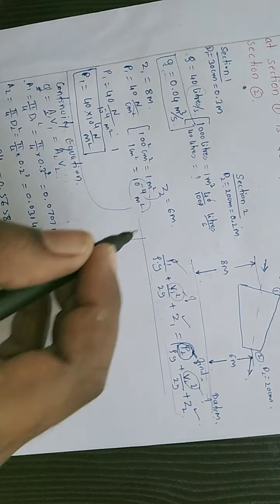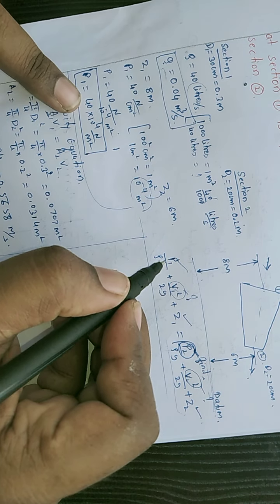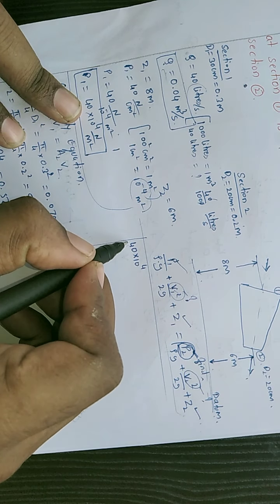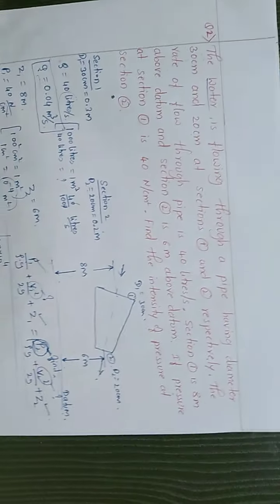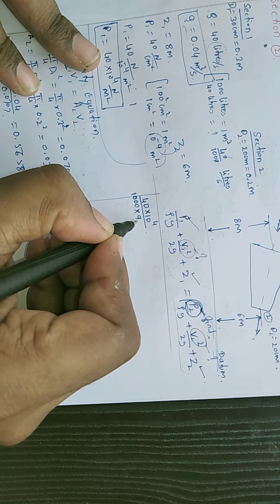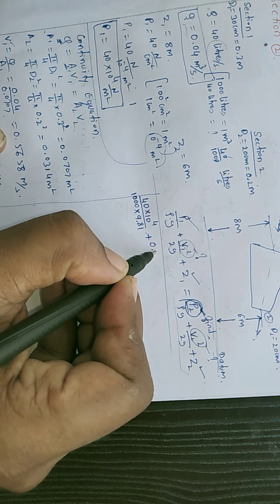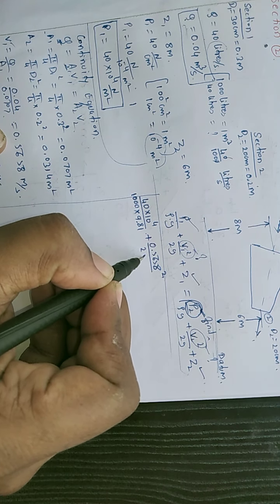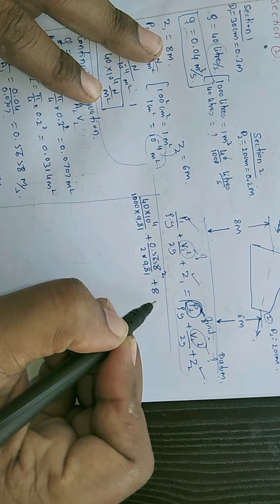So what is P1? P1 is 40 into 10 raised to 4 Newton per meter square divided by rho g. Since the problem says it is water, the density of water is 1000, and the value of g is 9.81, plus V1 square, 0.5658 whole square, divided by 2 into 9.81, plus Z1, which is 8 meters.